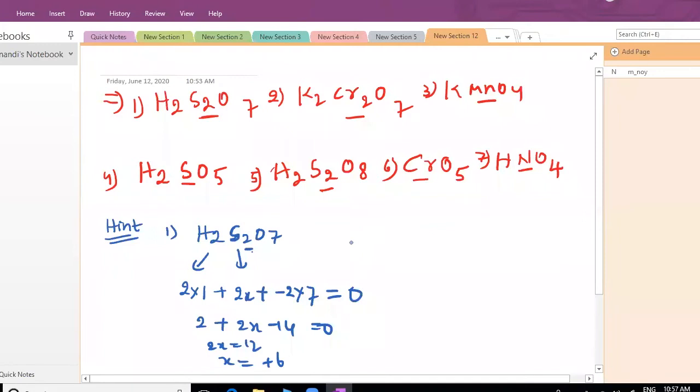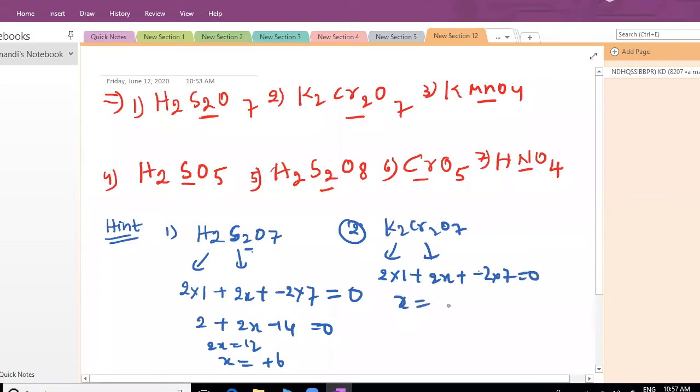Then second question, K2Cr2O7. So this is 2 into 1, because potassium is 1, plus 2x, plus -2 into 7 equal to 0, then x equal to +6.